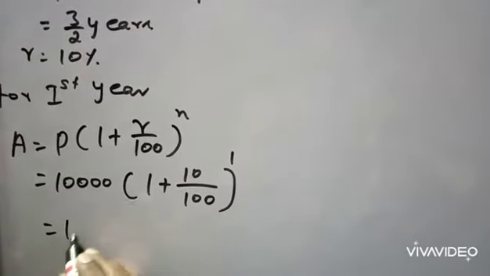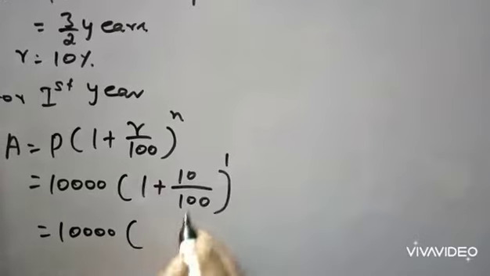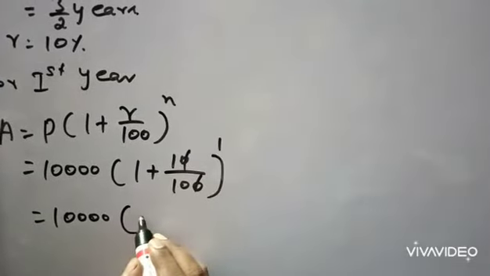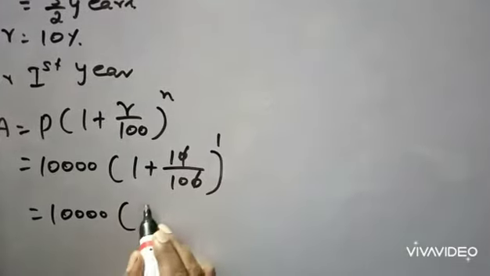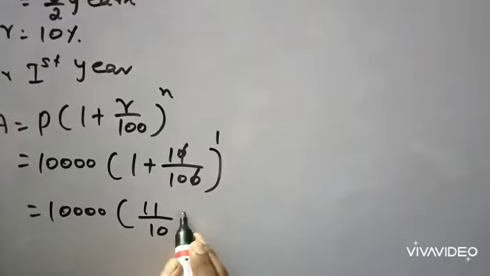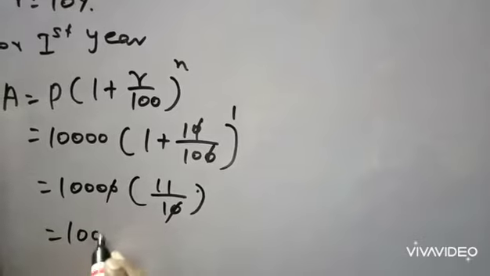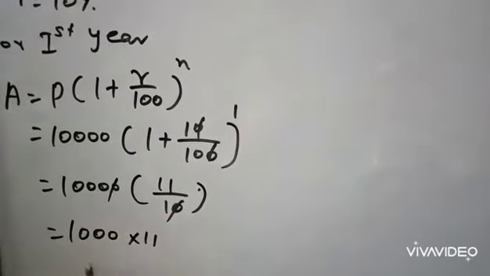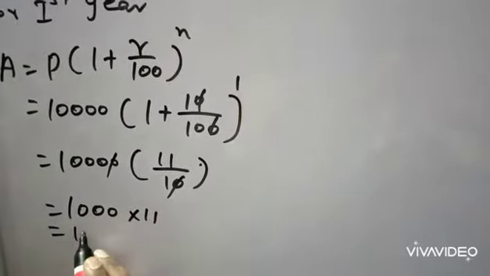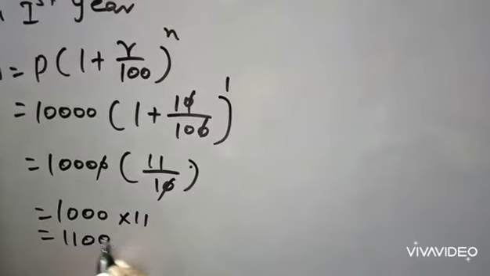So 10,000 into, this we can divide, LCM 10, so 11 by 10. So we have 1000 into 11, equal to 11,000.